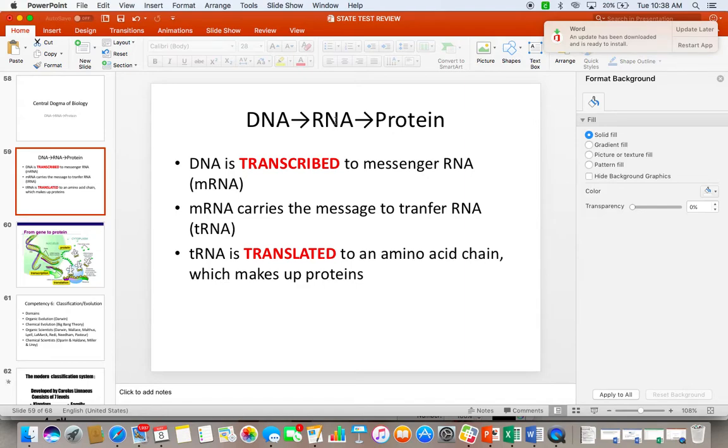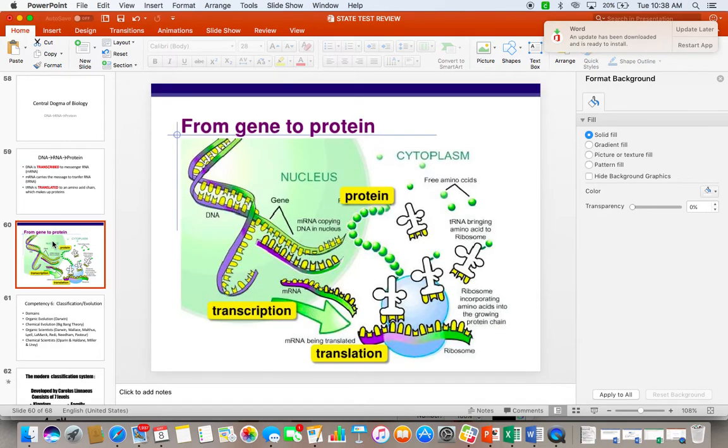And then the child took the index card to her kitchen and made the cake. So her kitchen would be like the ribosome, and when she made her own cake, it would be like the protein. When you move from DNA to RNA, that's called transcription. And then when you go from RNA to protein, that's called translation, okay?